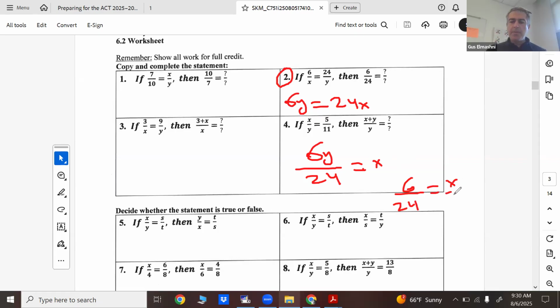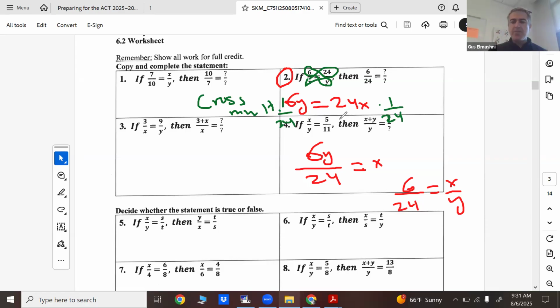So what did I do from an algebraic perspective? What I did was I first cross multiplied. You guys should see that hopefully, right? I did this with this. Then the next step was I multiplied both sides by 1/24th, or divide by 24. That's how I got the next step.